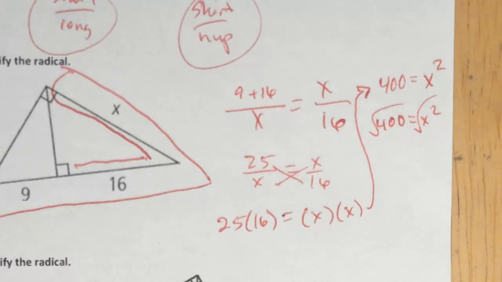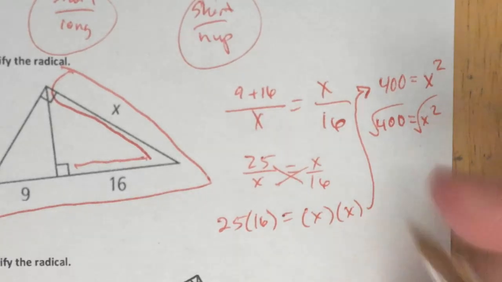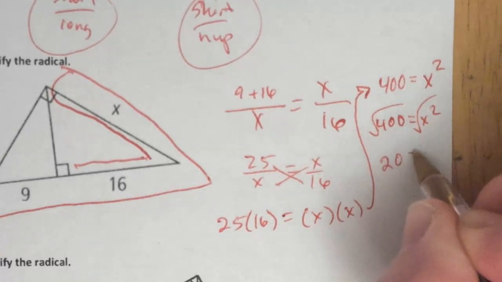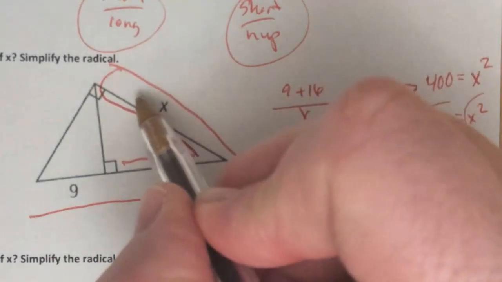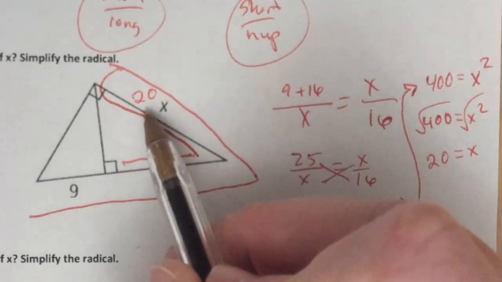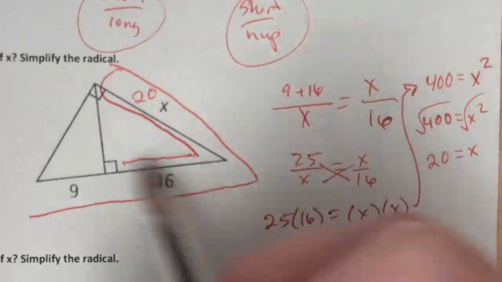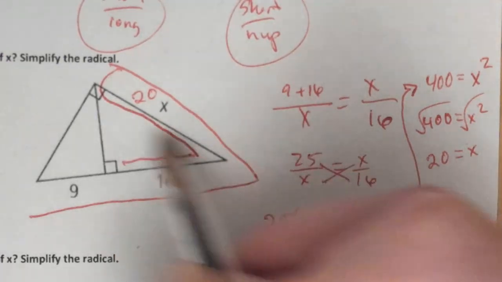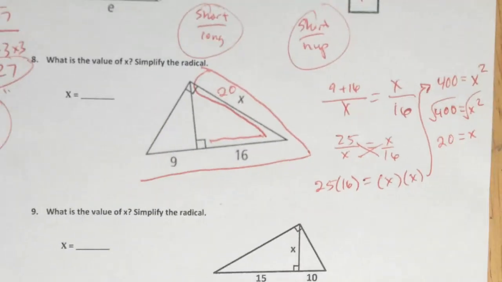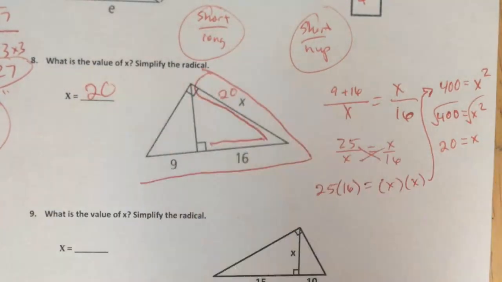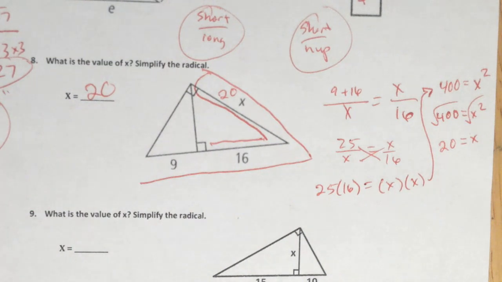I put that in my calculator. Square root of 400, and I pop out with 20 equals x. Now put it back into the picture to see if it makes sense. Does it make sense for this to be 20? Yes, it does, because this will be shorter, and that's the hypotenuse. That had to be longer. So that definitely makes sense. So our answer was 20. That's the answer to number 8.